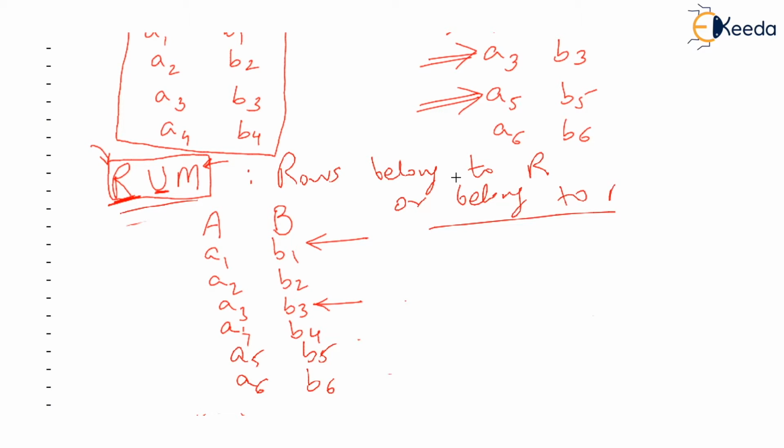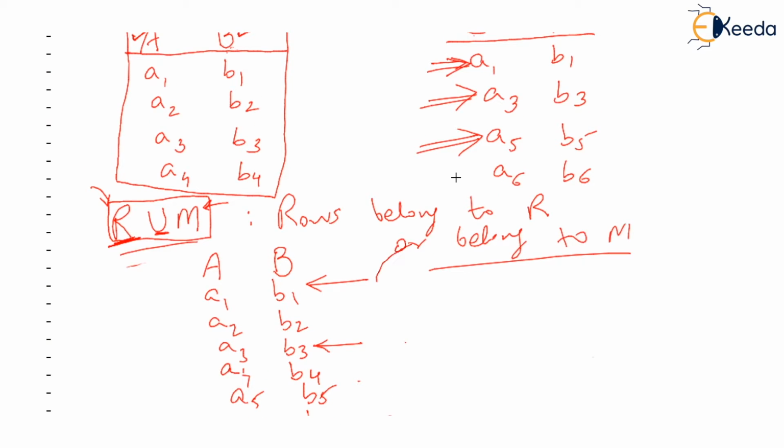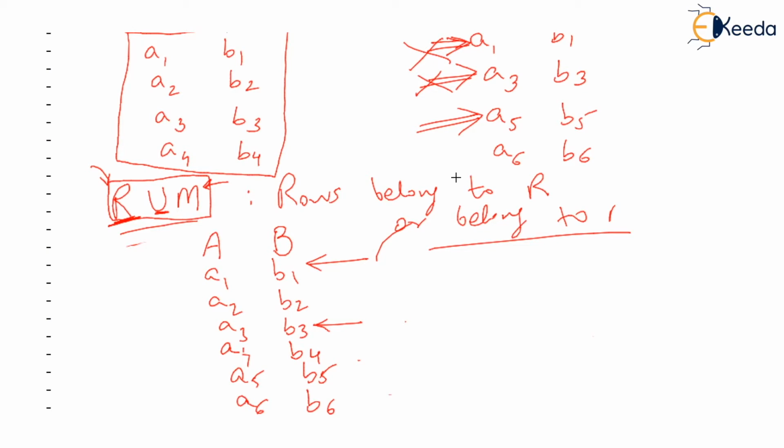So A1, B1, A2, B2, A3, B3, A4, B4 all belong to R, and A5, B5 and A6, B6 belong to M, but A1, B1 and A3, B3 were not added again because they were already added due to R. So the union operation has given us 6 rows and 2 duplicates were removed. So that is the union operation.